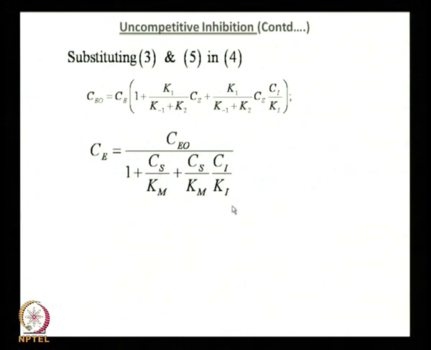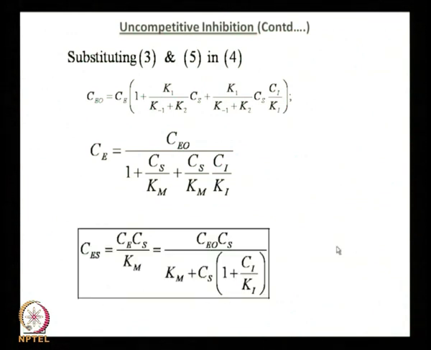Fine, is it clear? In the absence of the inhibitor, this would go back to the simple no-inhibitor model. So, CES, which is written as CE times CS over Km, can now be written as CE naught over CS over Km plus CS 1 plus Ci over Ki. I will give you a few seconds to write this down if you want to.